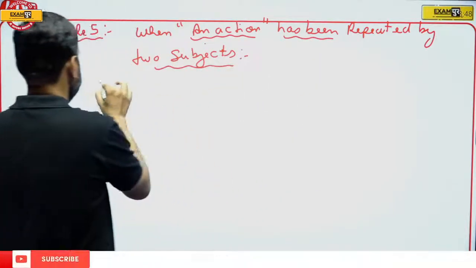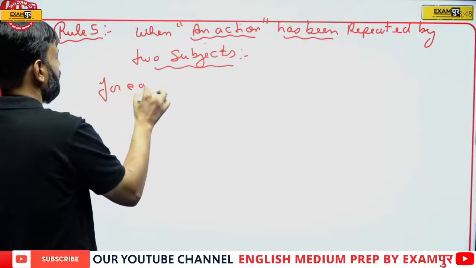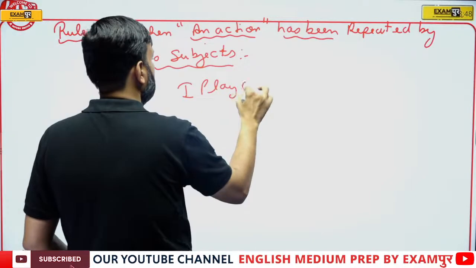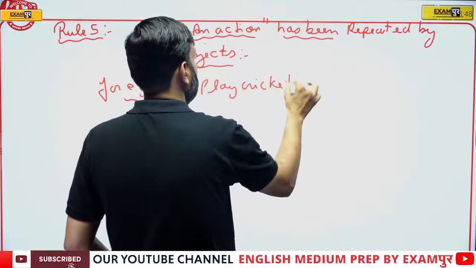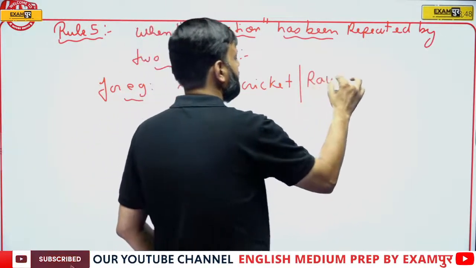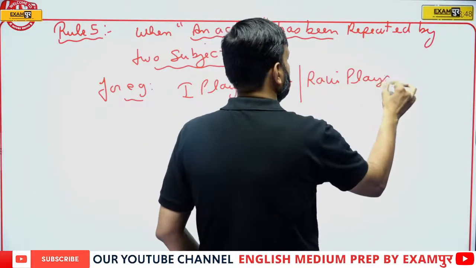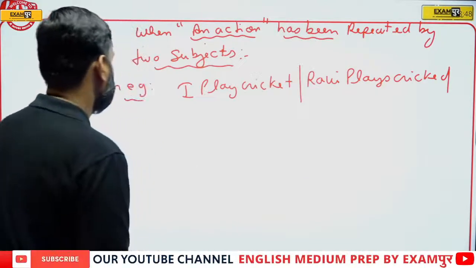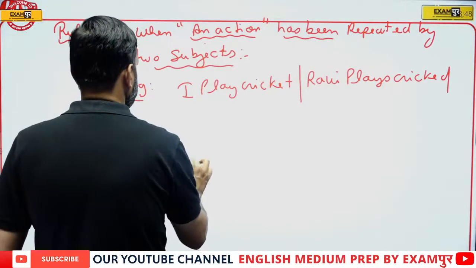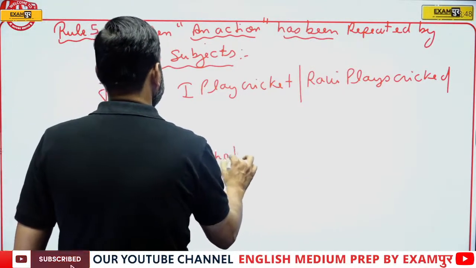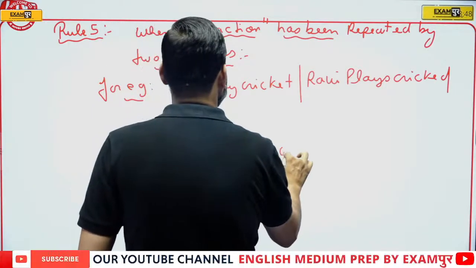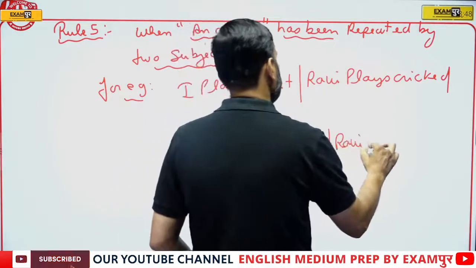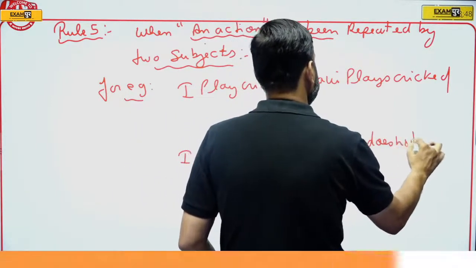For example, I play cricket, Ravi plays cricket. I play cricket and Ravi plays cricket. Or I do not play cricket, Ravi does not play cricket.